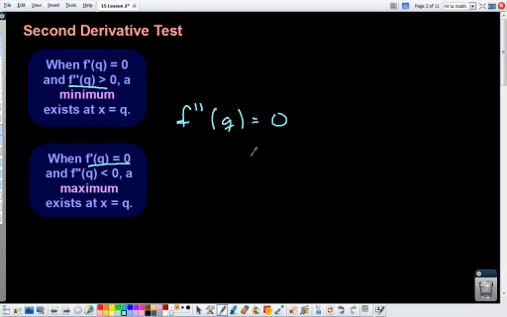And what we need to do is go back and look at the number line for the points on the graph that are increasing and decreasing using the first derivative. So whenever we have f double prime of q equal to 0, we have to use the first derivative and the increasing and decreasing number line to see if there's a max or a min.